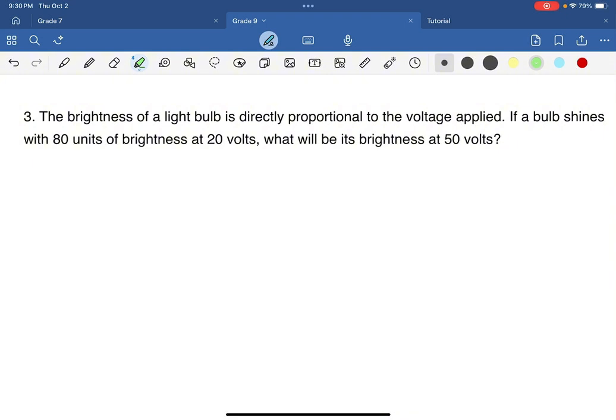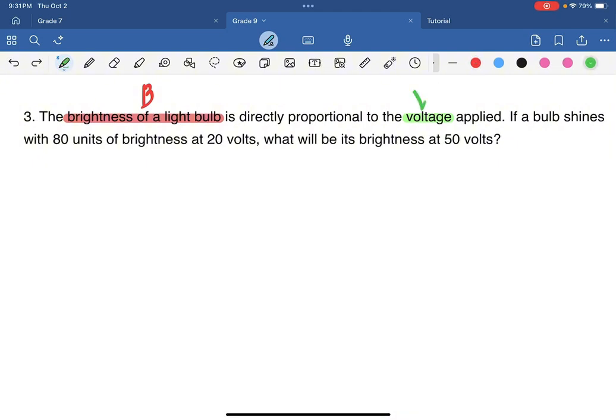So here we have the brightness of a light bulb, and here voltage. Now, you could just write it with B, and for voltage as V.